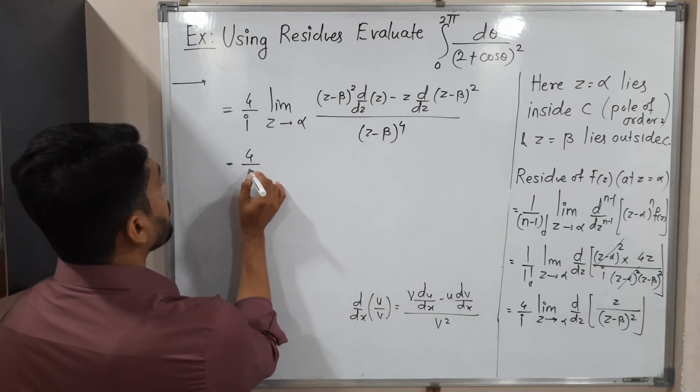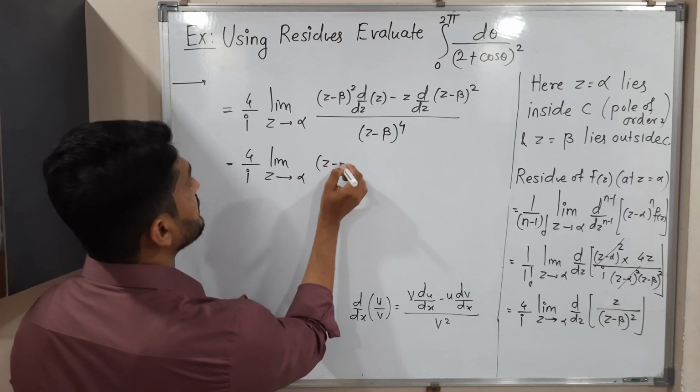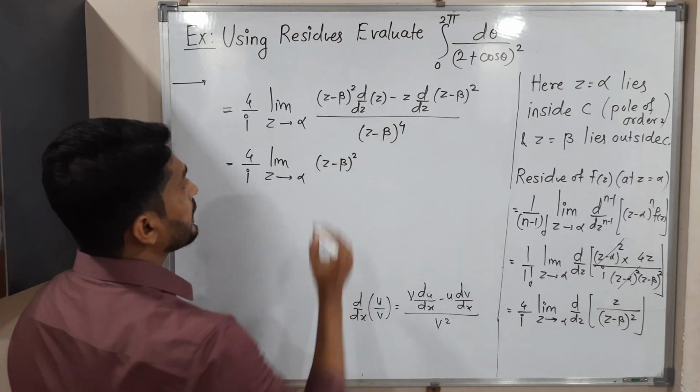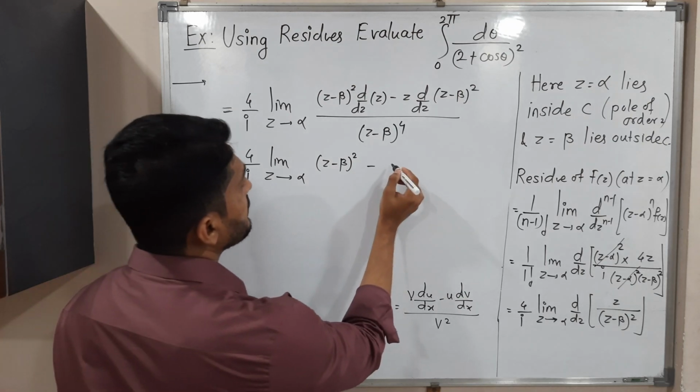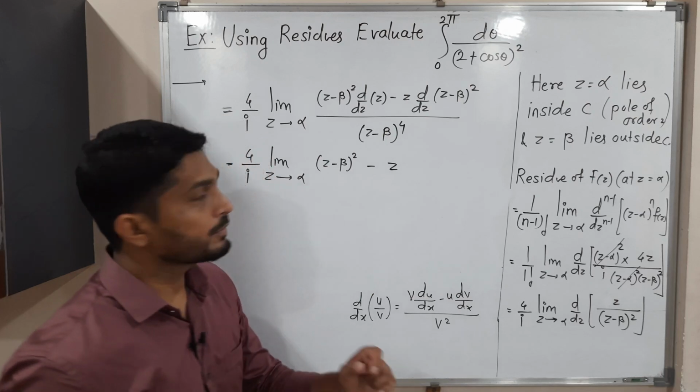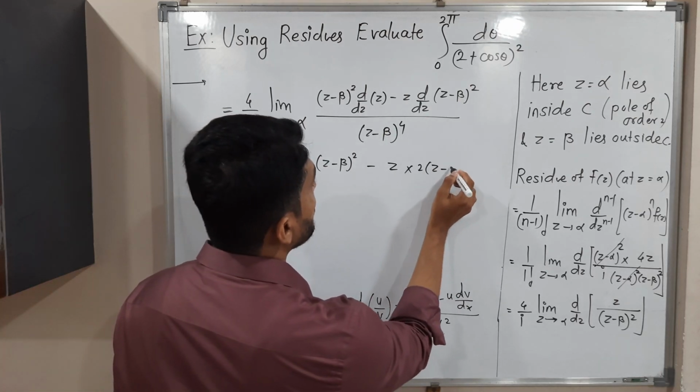So 4 upon i, limit z tends to alpha, (z minus beta) square, derivative of z is 1, so no need to write, minus z, its derivative. See, we have a bracket square, so the derivative will be 2 into (z minus beta).